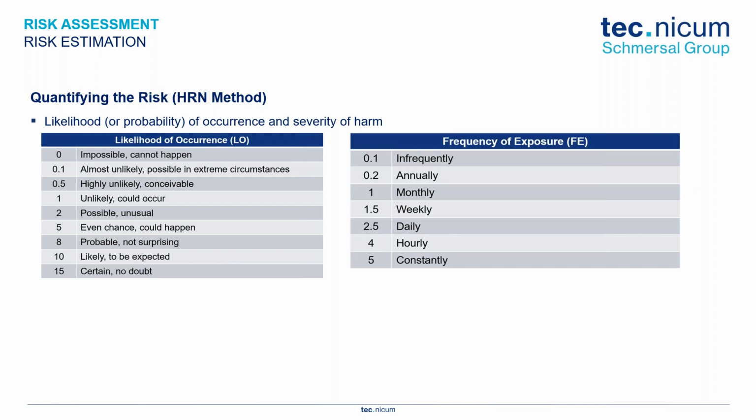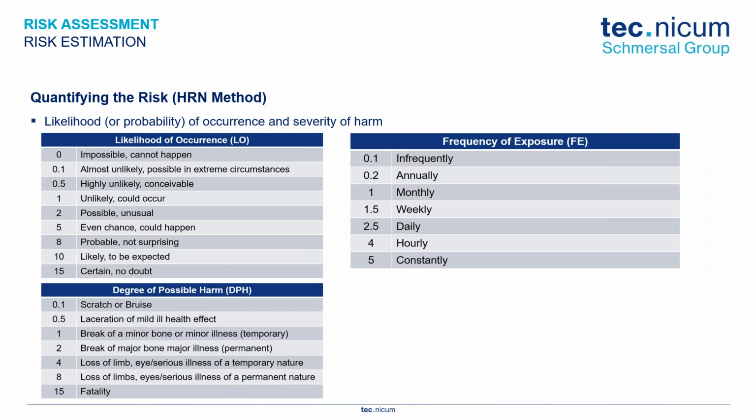So likelihood of occurrence can be something that's impossible, cannot happen, to something that's certain, no doubt, that's going to happen. Frequency of exposure, infrequent, maybe some type of maintenance task, type of PM task, to something that's constantly happening. So throughout the entire shift with this operator.